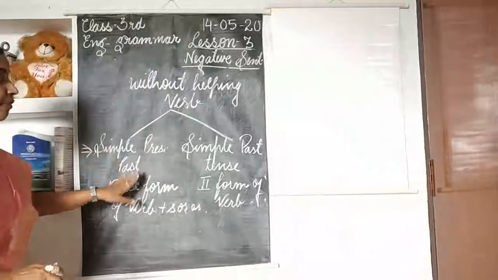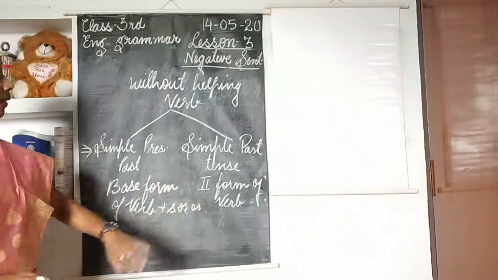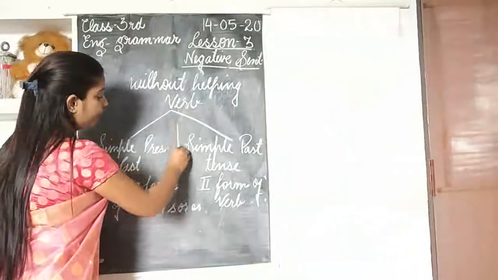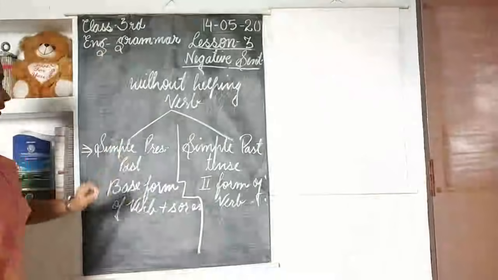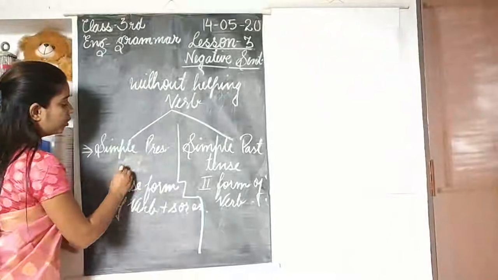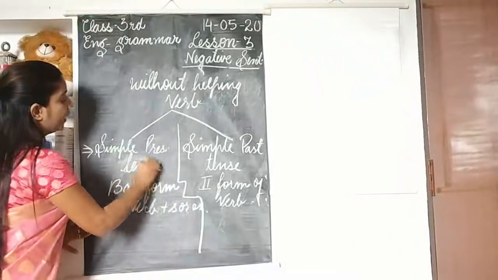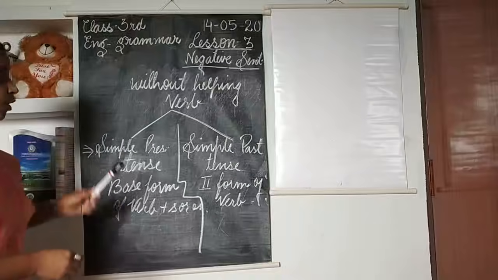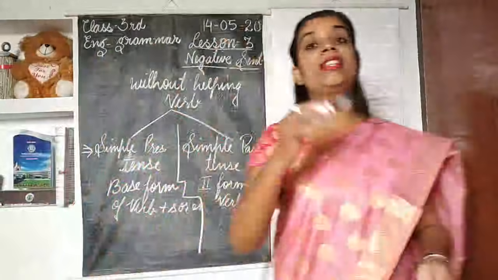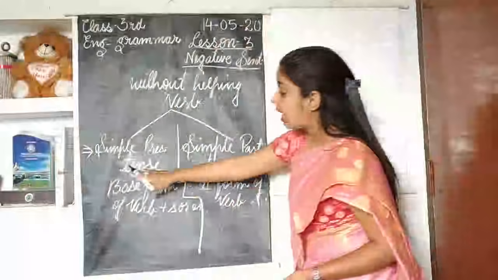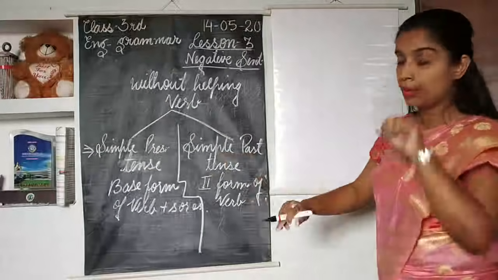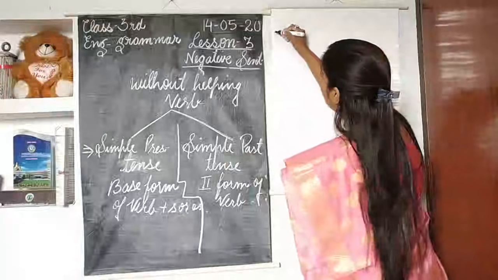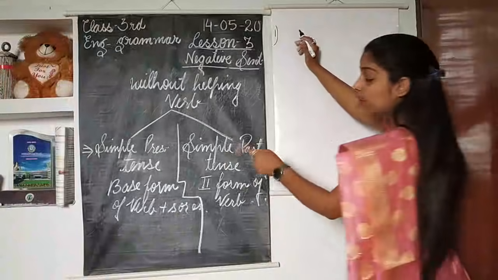After identifying the tense, suppose the sentence is in simple present tense. Now how will you change such sentences into negative, which are without helping verb and are in simple present tense? Now children, what you have to do is, you will identify the tense first.